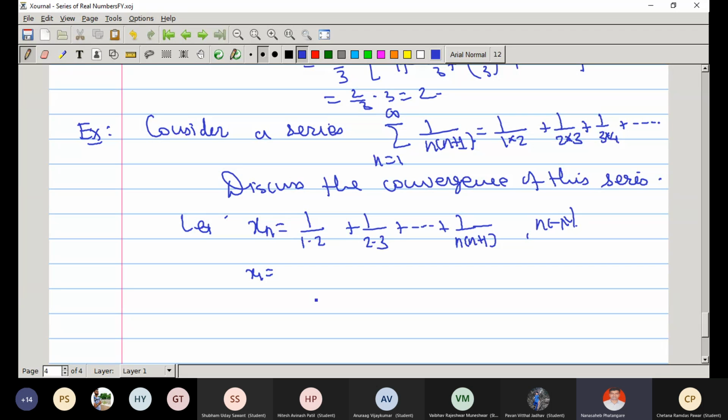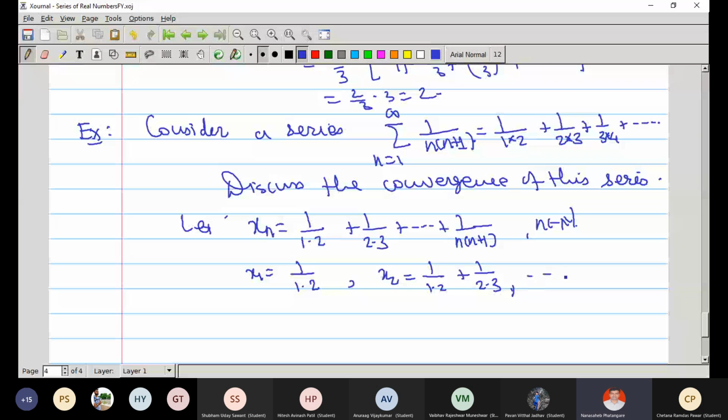What is x1? I want to look at a sequence of partial sums. What is x2? Xn means the sum of the first n terms of the series. So x1 is the sum of one term, x2 is the sum of the first two terms, x3 is the sum of the first three terms, and so on.